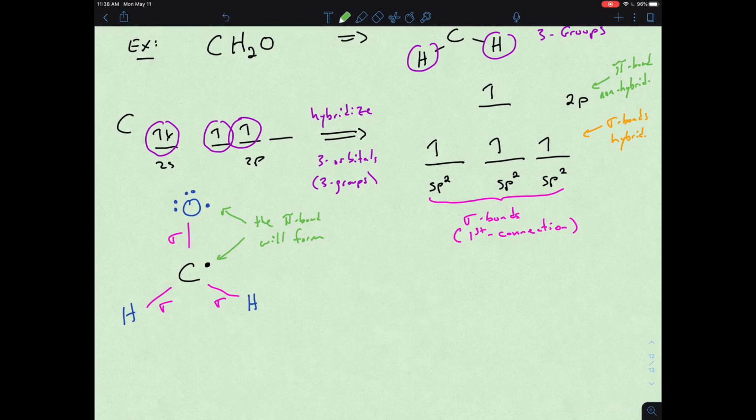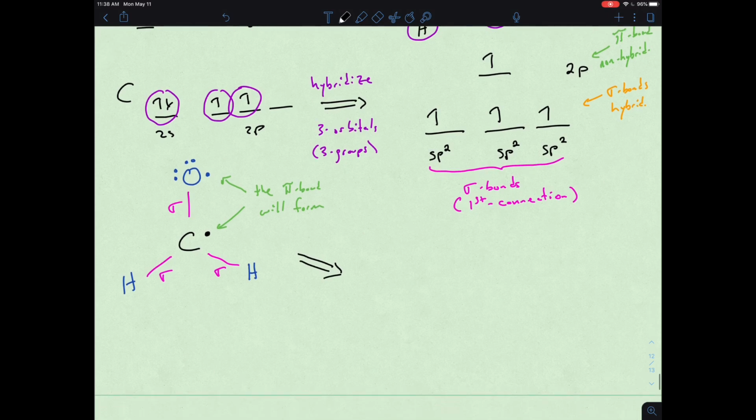So if we now draw the structure maybe more flat. So I'm going to have my carbon atom here. I have the oxygen bound to it. And now that means that this one hydrogen is actually coming out at me.